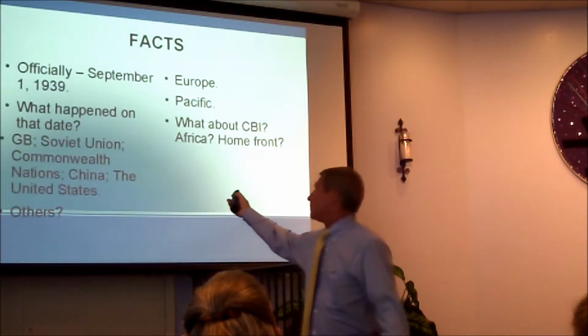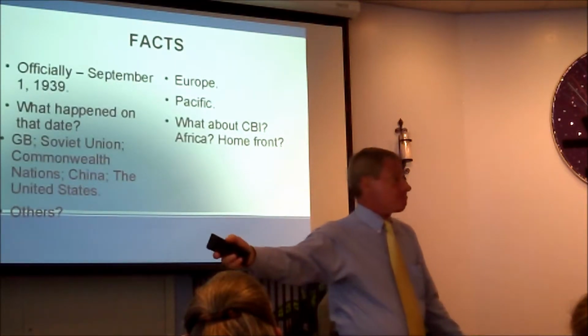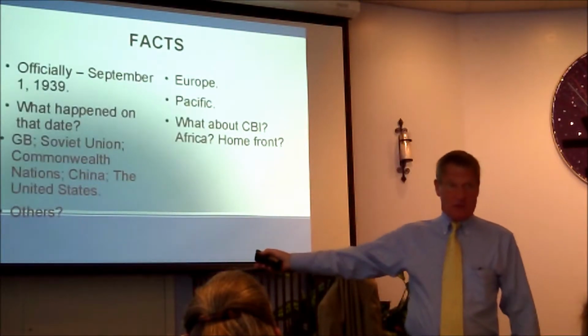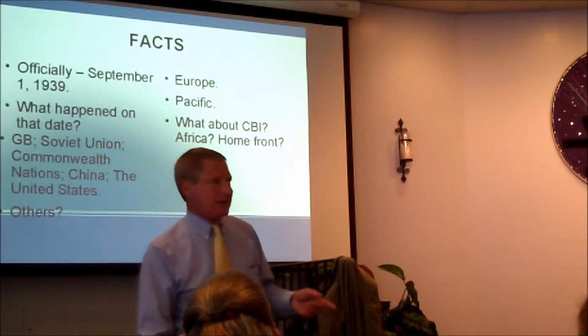We know Great Britain, Soviet Union, the Commonwealth nations, China, the United States, Canada, of course, was a Commonwealth nation. They supported us. How about Mexico? Do you know where they came down?